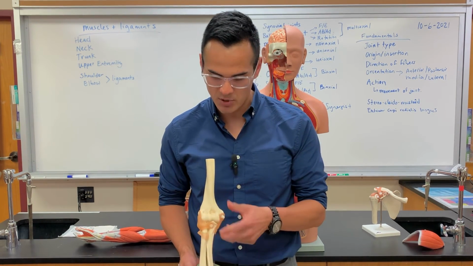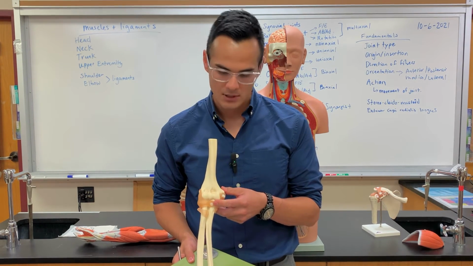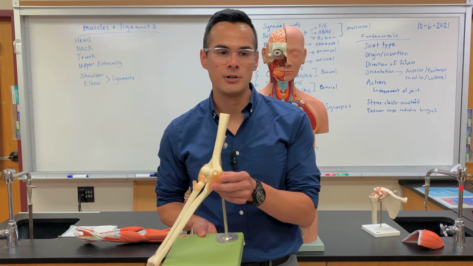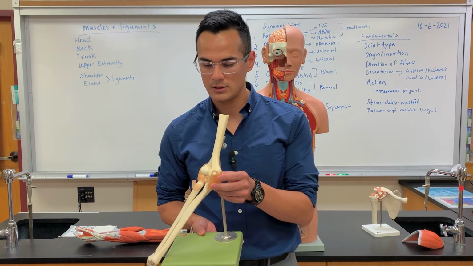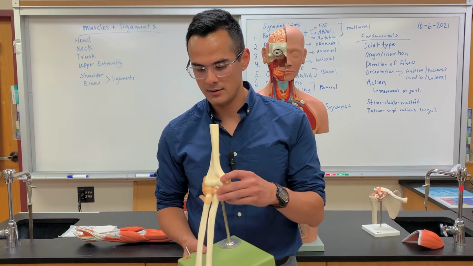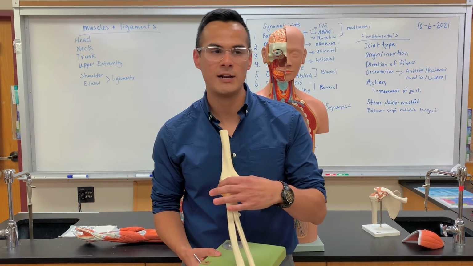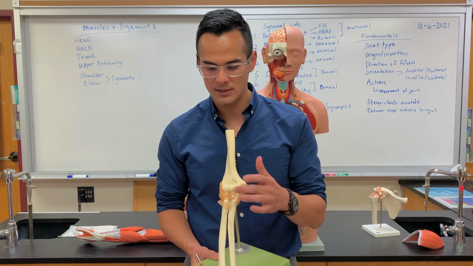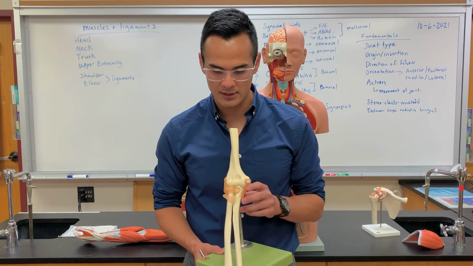I know that this part is medial. So this ligament that's here, this is the ulnar collateral ligament, and the one that's here, this is the radial collateral ligament. They also will say medial collateral ligament, and this one is the lateral collateral ligament.